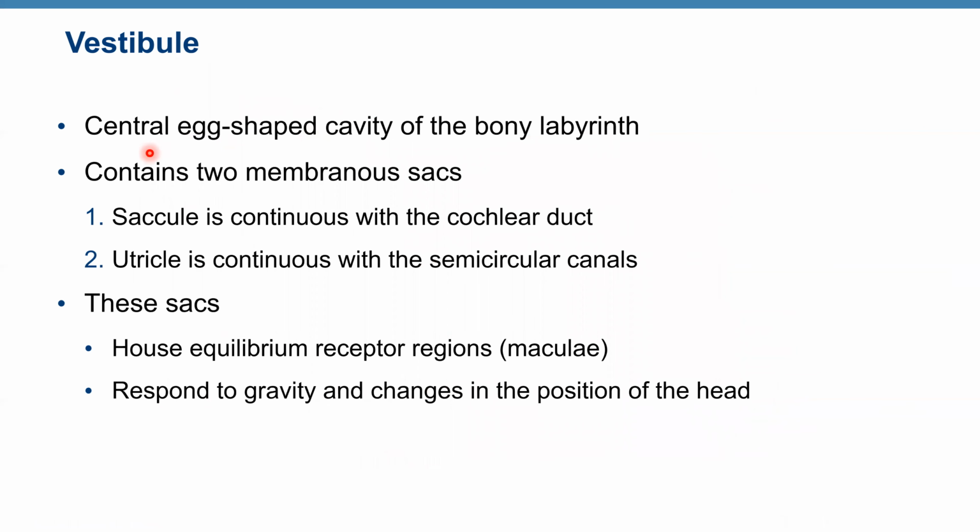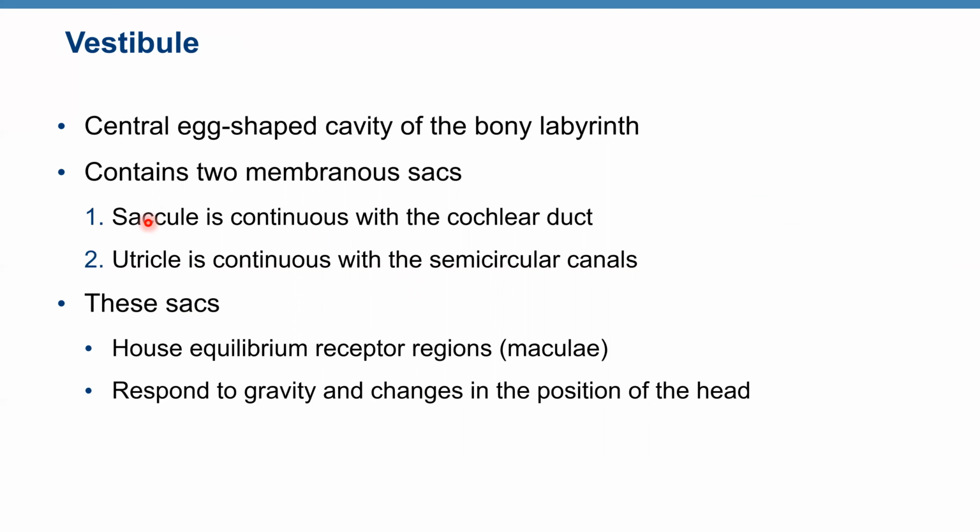So now let's go ahead and see what we have. Vestibule is a central egg-shaped cavity of the bony labyrinth. It contains two membranous sacs, saccule and utricle. So saccule continues with cochlear duct, and utricle continues with semicircular canals. I forgot to show it to you, but I will in a second.